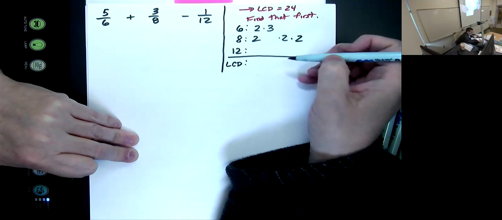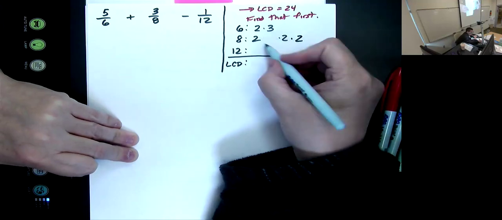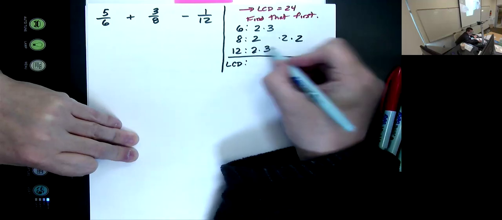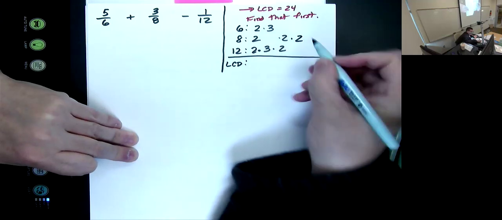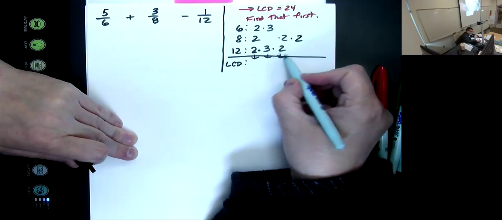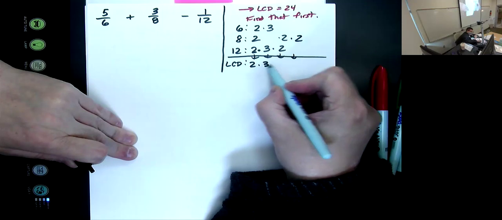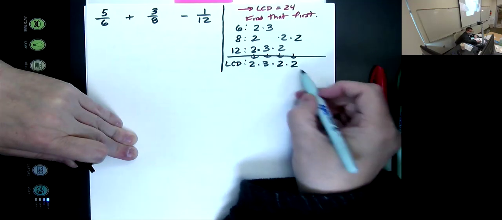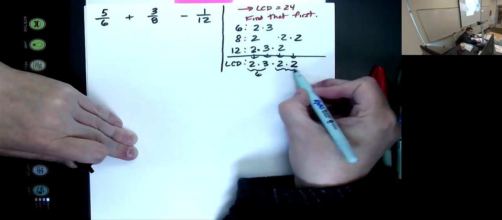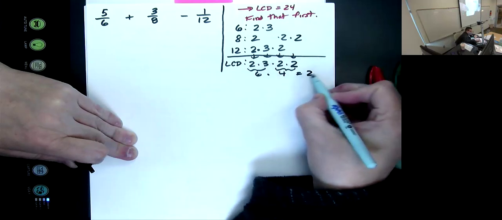And 12 is 3 times 4, so I got a 3, and then 4 is 2 times 2. I got 2 columns for 2s already. We take 1 from each column. I've got 2 times 3 times 2 times 2. This is 6, 4. 6 times 4 is 24.